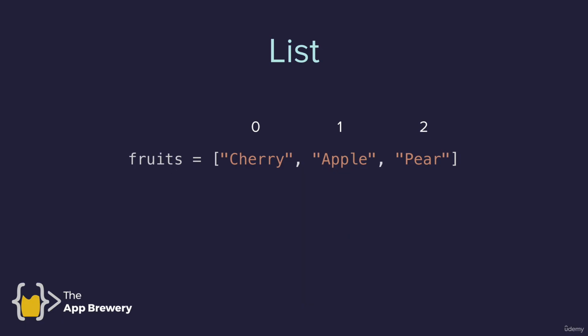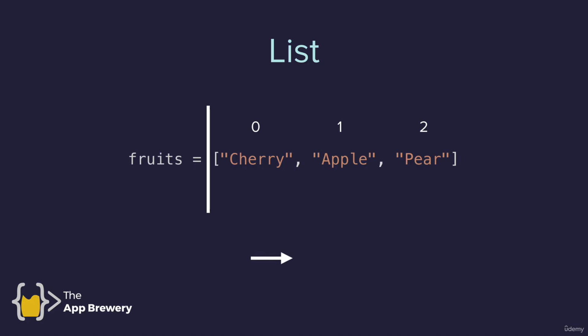But if you think about that index number, that 0, 1, or 2, instead of being the position, actually being an offset or a shift from the start of the list. Well, then, in this case, cherry is right at the beginning of the list, so it has an offset or a shift of 0.